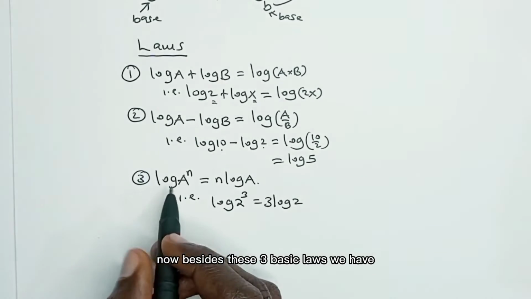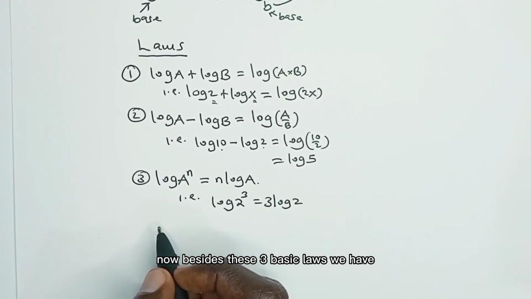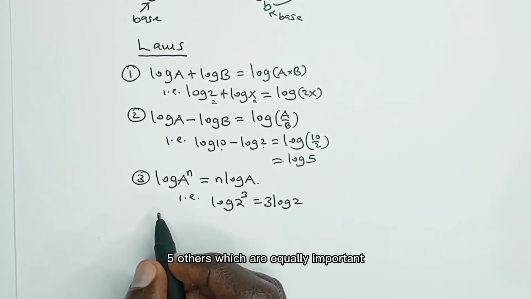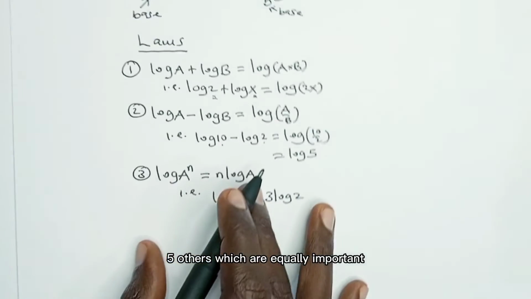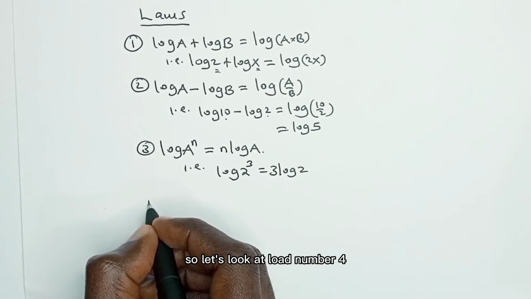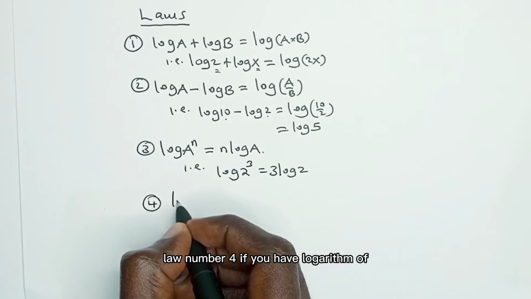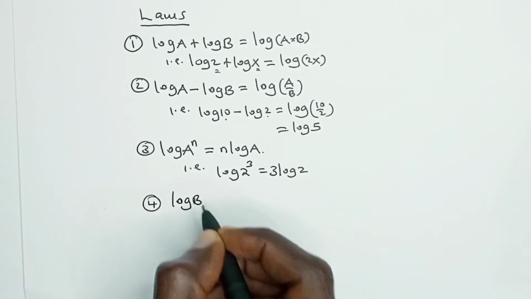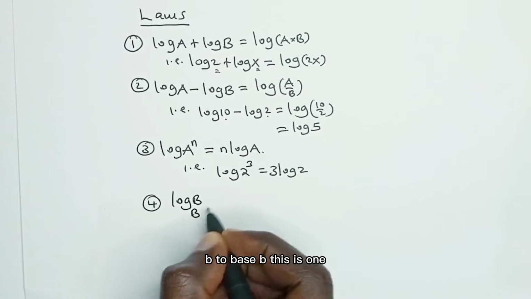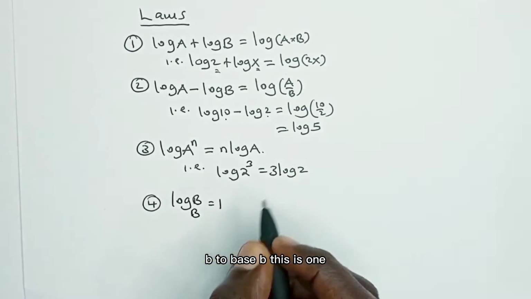Now besides these three basic laws, we have 5 others which are equally important. So let's look at law number 4. If you have logarithm of b to base b, this is 1.